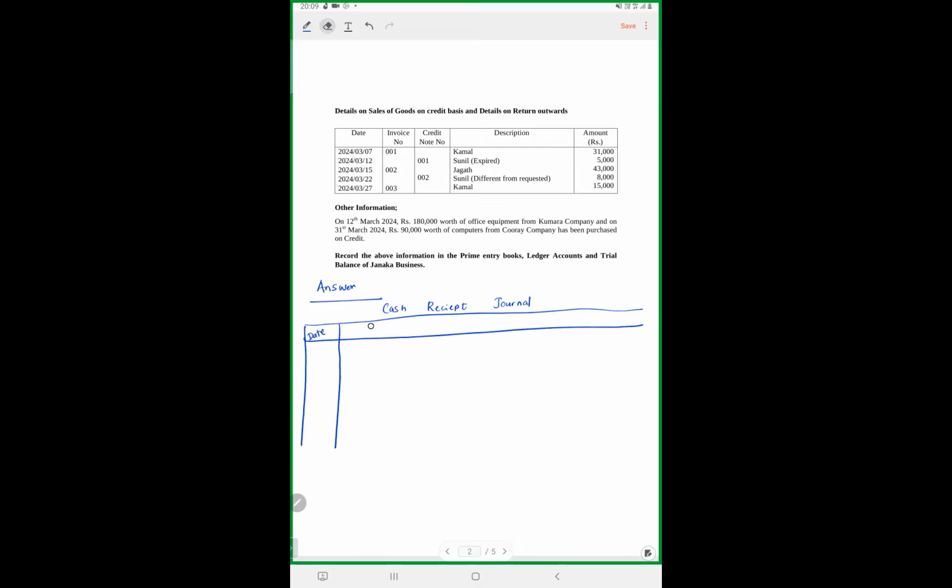Here we need to include receipt number, but in this example you are not given any receipt number, so therefore I directly mention the description. Next, discount allowed. Then amount, total amount.